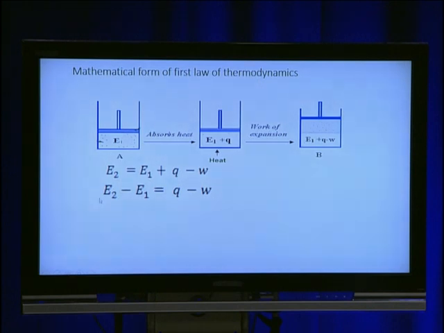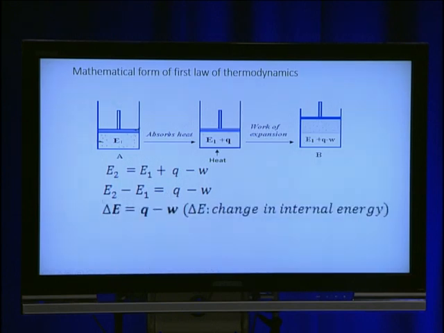So E2 is E1 plus Q minus W. If we take E1 to this side, E2 minus E1 will be Q minus W. Now what is E2 minus E1? Delta E, the change in internal energy, which is equal to Q minus W. Here the negative sign on W indicates the work done by the system.